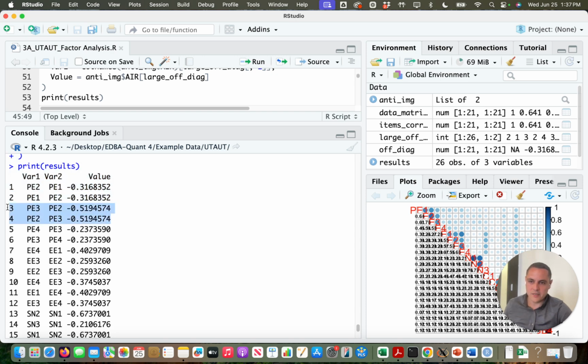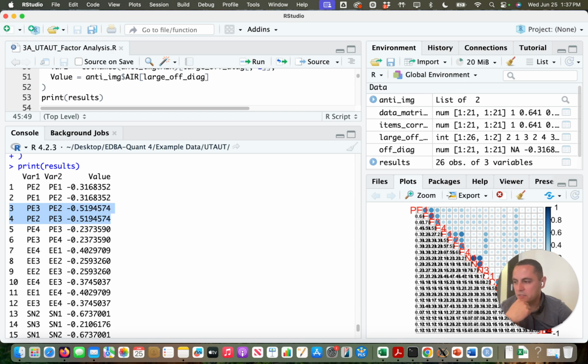Let's look at the PE because I talked about that one earlier. PE3, PE2, right? You see those are an absolute value of 0.52, right? Which is much larger than 0.2. That actually means that there's kind of this overlap within PE.